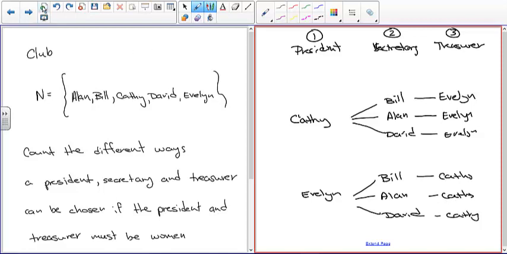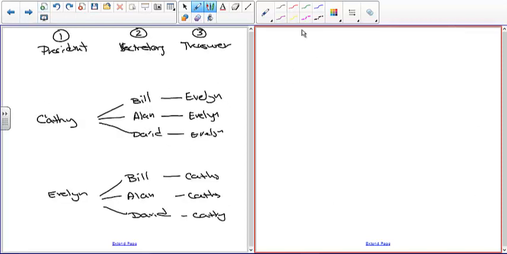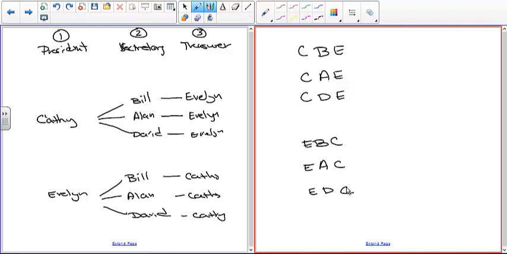And so from this tree diagram, we can write out the different options. So we have Kathy, Bill, Evelyn. We have Kathy, Alan, Evelyn. We have Kathy, David, Evelyn. And then from this one, we have Evelyn, Bill, Kathy; Evelyn, Alan, Kathy; Evelyn, David, Kathy. So those are the possibilities, and so you just count them.